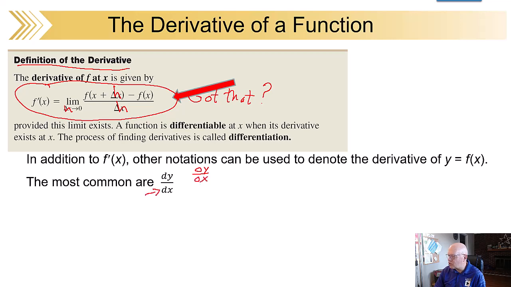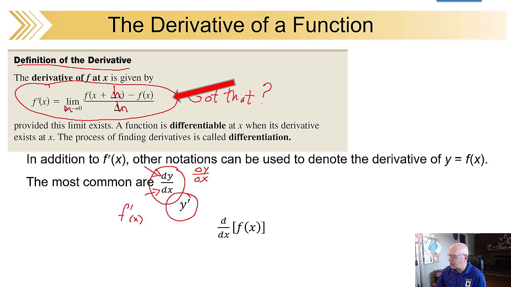If this changes by 1 unit, how much does that change at a particular point? So dy dx, you'll see me use often. Y prime also, that's the derivative of y. It's the same thing as this because y and f of x are exactly the same.